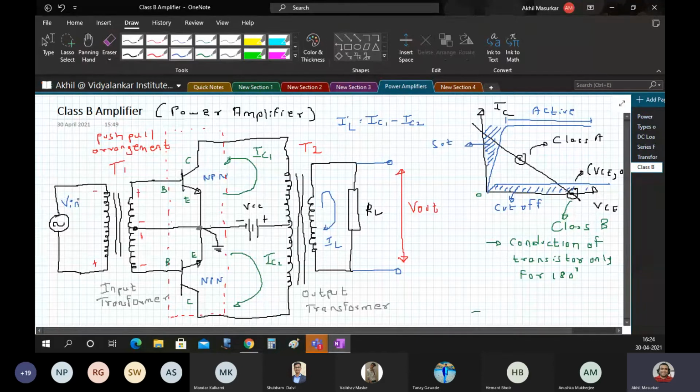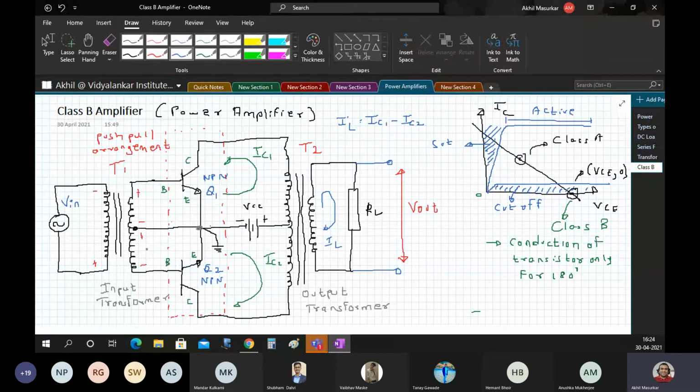We make Vin equal to 0. So when we make Vin equal to 0, you can see that this center tap of the transformer is connected to ground, for both transistors Q1 and Q2. So that is why we say that in this amplifier both transistors are biased at cutoff.